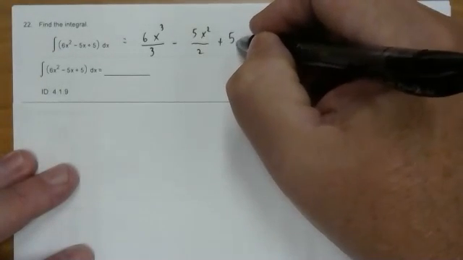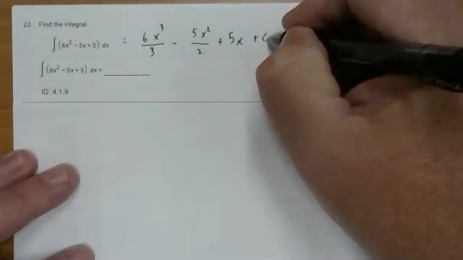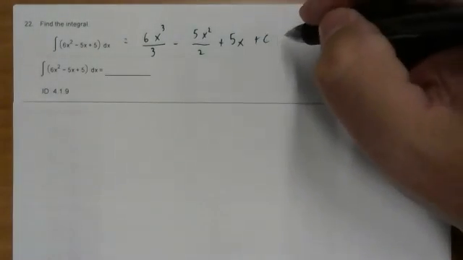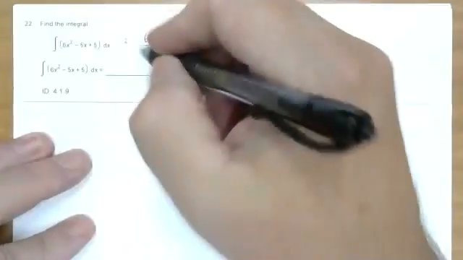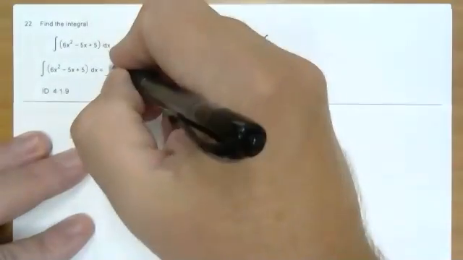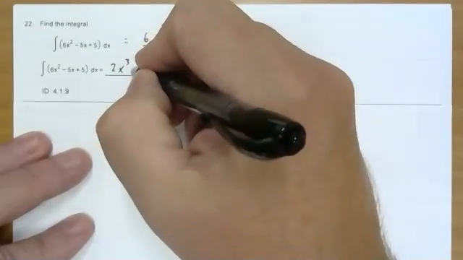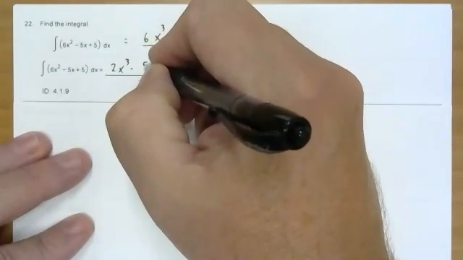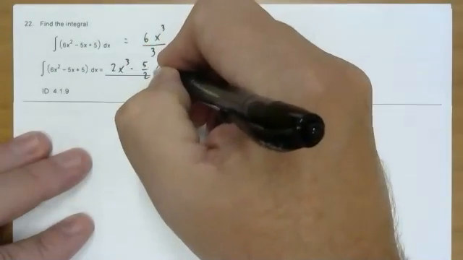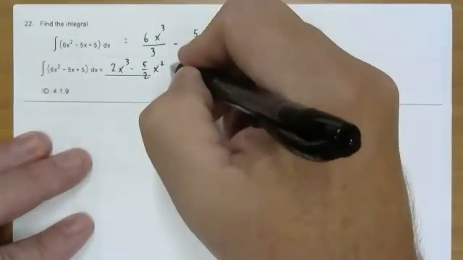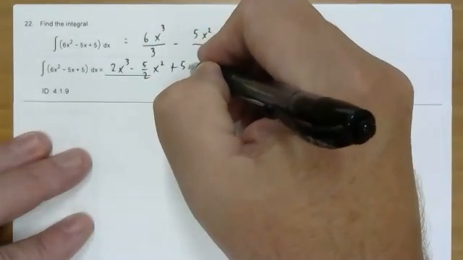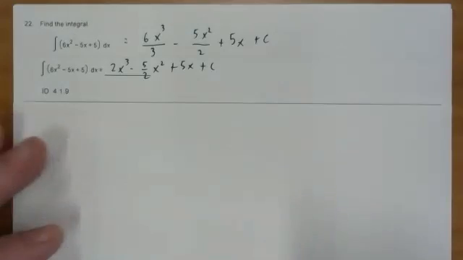Plus 5x, and don't forget to add the constant or it will be counted wrong. So if we simplify this, this would be like 2x cubed minus 5/2 x squared plus 5x plus c.